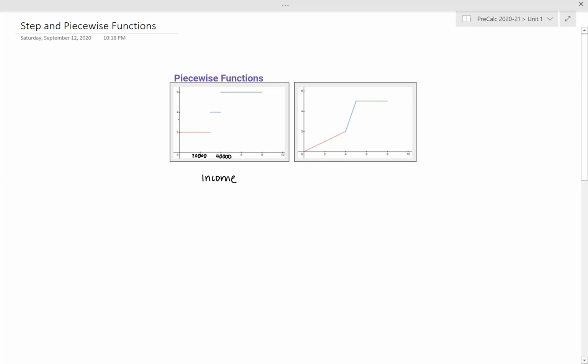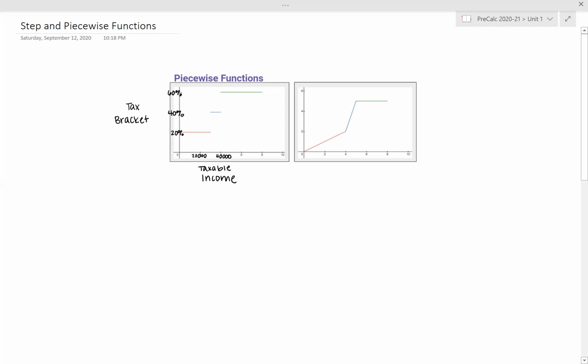This y-axis, I'm going to have it represent my tax bracket. What tax bracket do I fall into with my given taxable income? I should say this is taxable income, not just income. So maybe more realistically, this would be like a 20% bracket or a 40% bracket. I'm just making up these numbers, not going off of actual tax brackets.